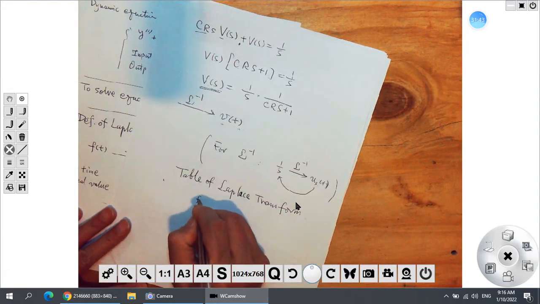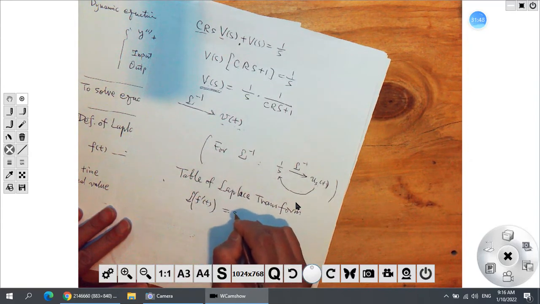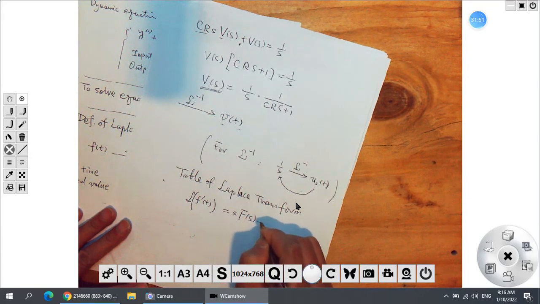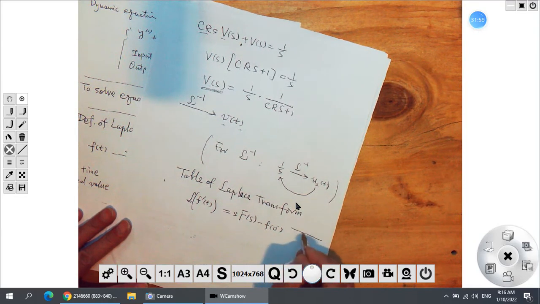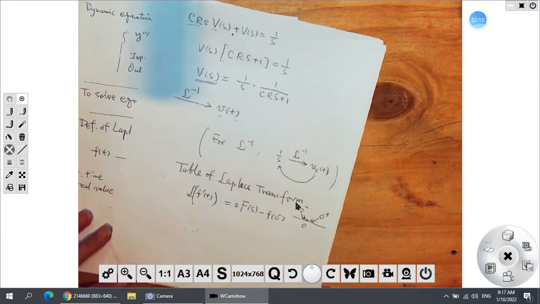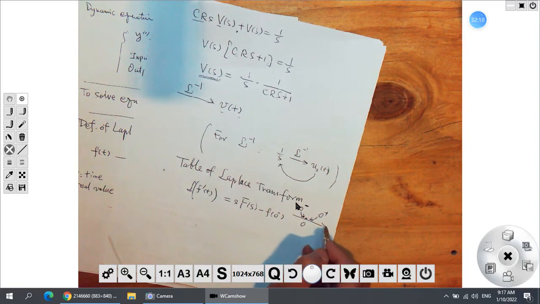So f prime of t, perform Laplace transform, equals s times F of s minus f of 0. Okay, I put the minus here. This is the negative side of 0. Right. This is 0. This side is 0 minus, and this side is 0 plus. Usually, when you turn the system on, before you turn it on is in the 0 negative side. This is t. t is 0, but on the negative side, before you turn it on.